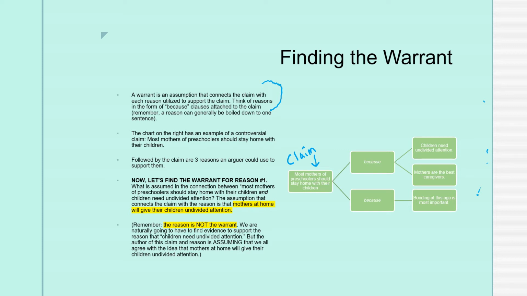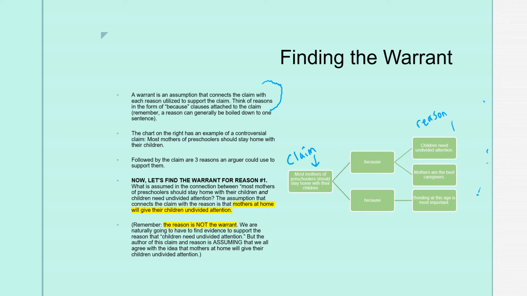This is not necessarily the position I take personally, but it is a position that someone could take. Followed by this claim are 3 reasons that an arguer could use to support them. Remember, we can use the word because to then find the reasons.